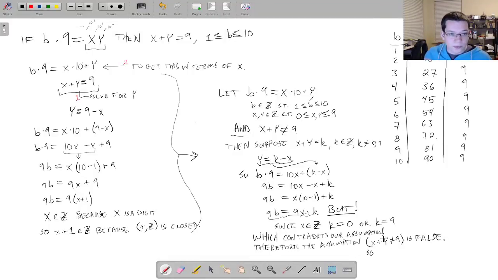So b times 9 equaling x times 10 plus y implies that x plus y is equal to 9, which was to be shown.